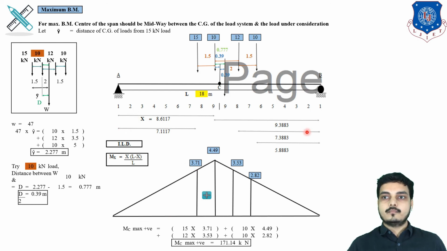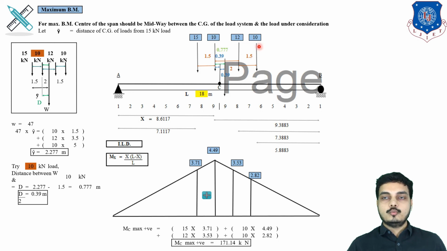Now look, this CG will be 9.33 from the right hand side. So for 9.33 it is 4.49. So for 7.33 it is how much? Why 7.33? Because this is at 9.33 and this distance is 2 meter. So 9.33 minus 2 meter is 7.33.